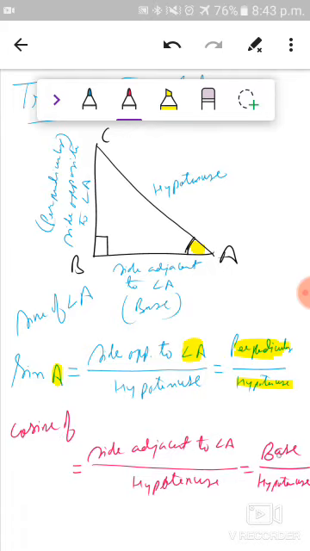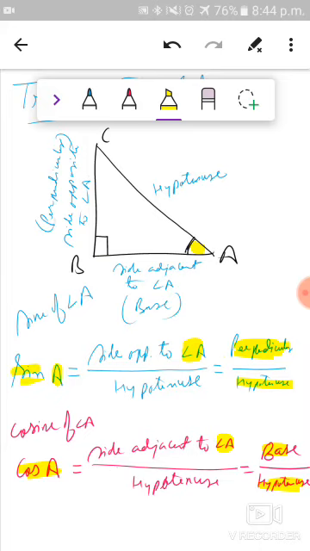Base is the side adjacent to angle A, so we write cosine of angle A, or in short, cos A. So cos A is base upon hypotenuse. This is our second ratio.